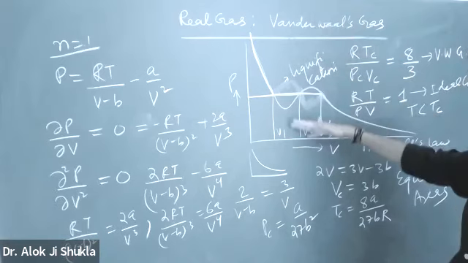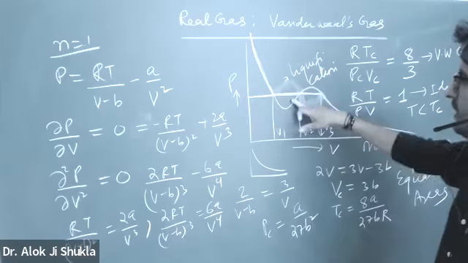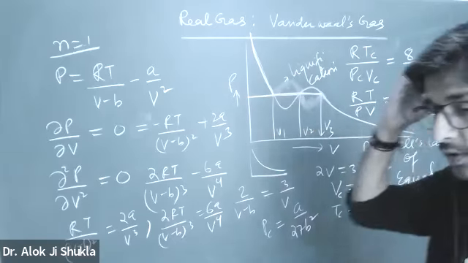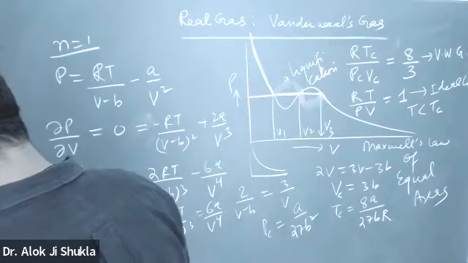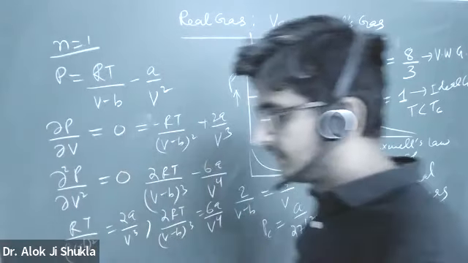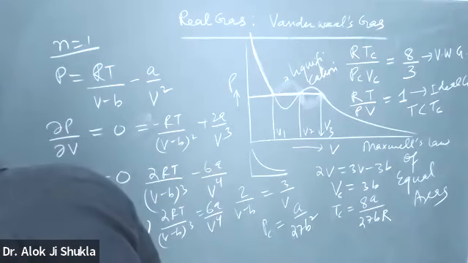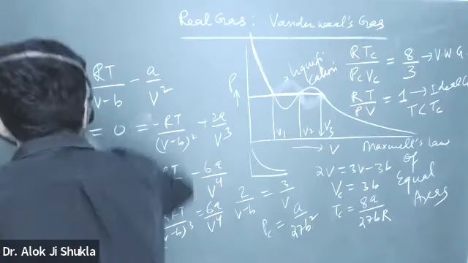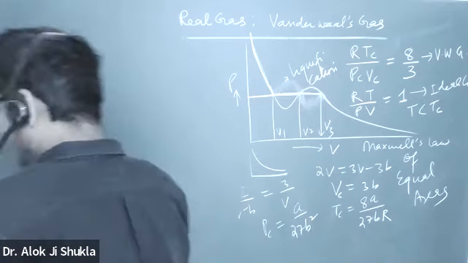And when you decrease the temperature, at the same pressure, you will get 3 values of the volume. Okay. So T less than Tc, this graph will come into the picture.